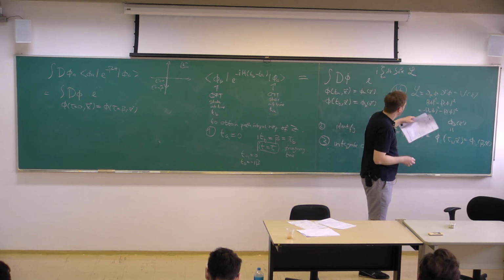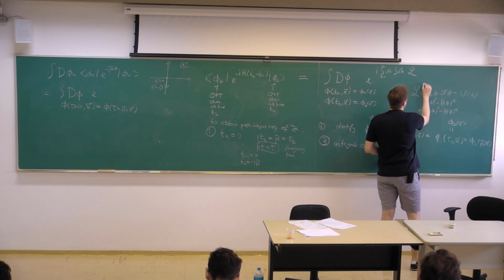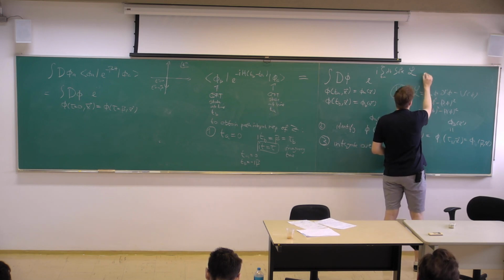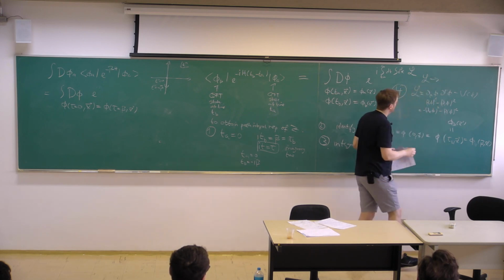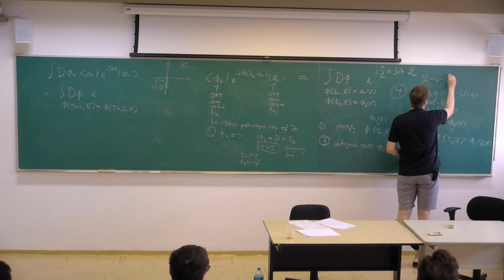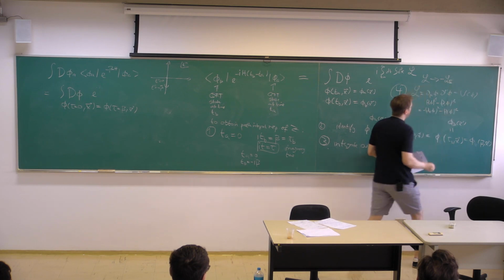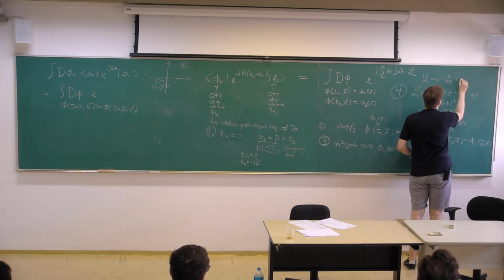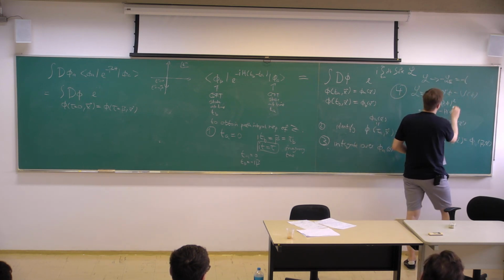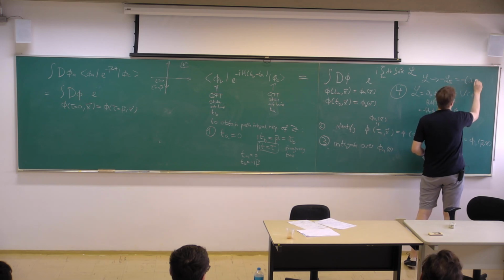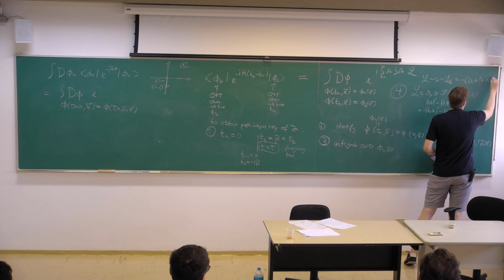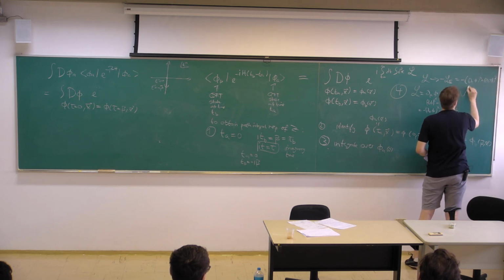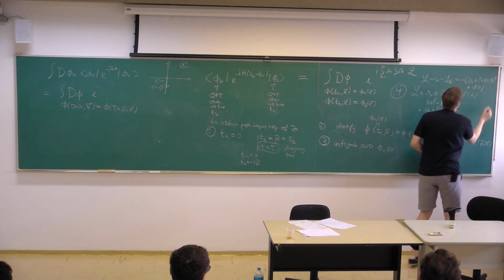So then I can write this as, L after this rotation goes to minus a Euclidean L, where the Euclidean L is calculated just as d_tau phi squared plus d_i phi squared plus a potential.